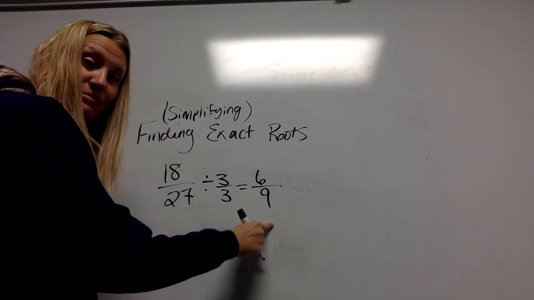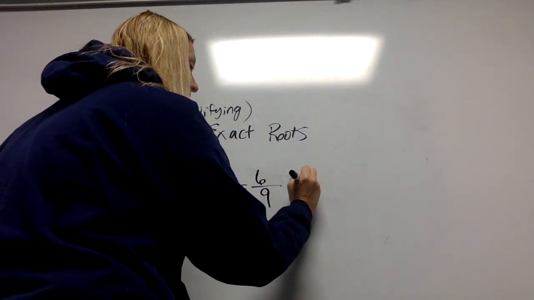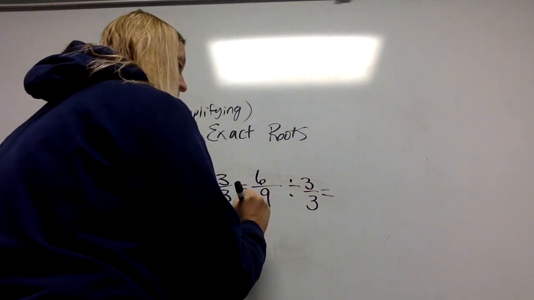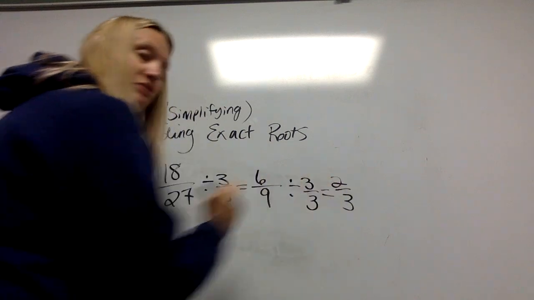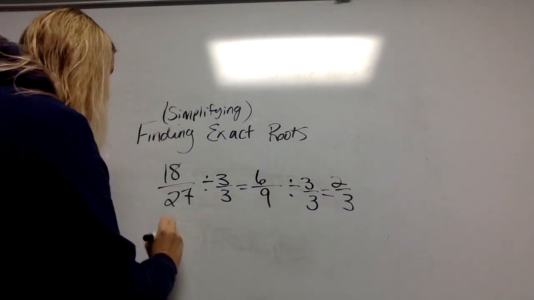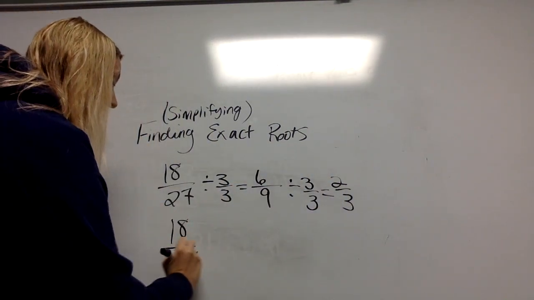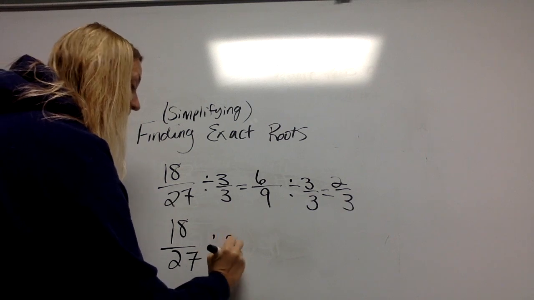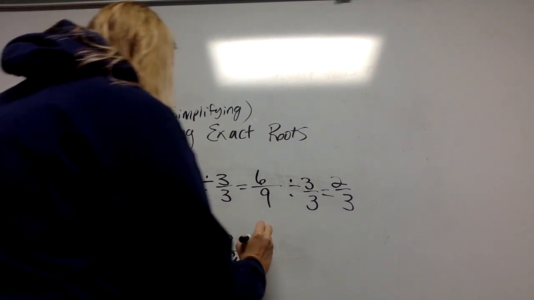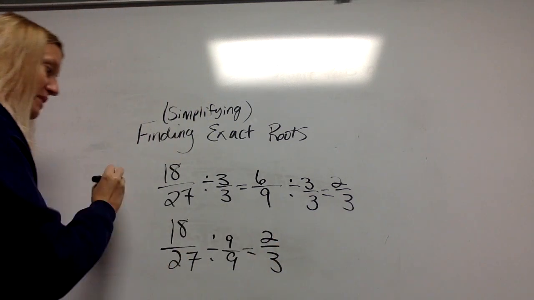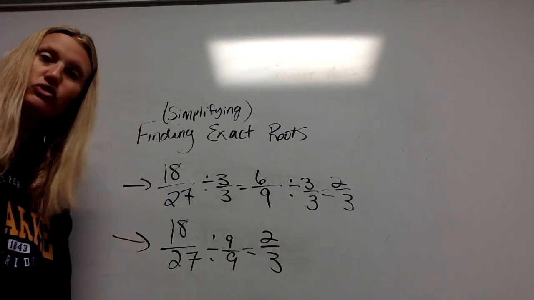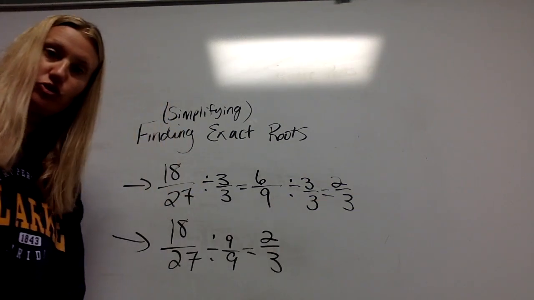No, I can simplify this more. I can divide by 3 again. Okay, and that's going to give me 2/3. Some of us realize that we can simplify this in one step if we just divide by 9. You guys know me, I don't care which path you chose, as long as you get to 2/3, right?